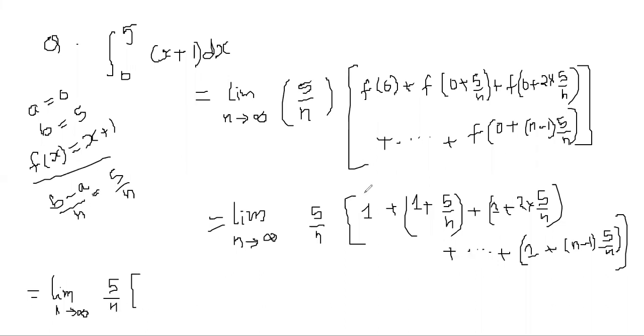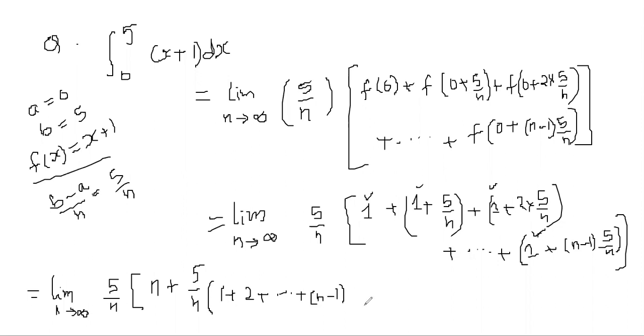And inside, how many 1s are there? 1, 2, 3. There are n terms containing 1. So n times 1 is n. And 5 by n, if I take common, so inside you will get 1 plus 2, so on till n minus 1.